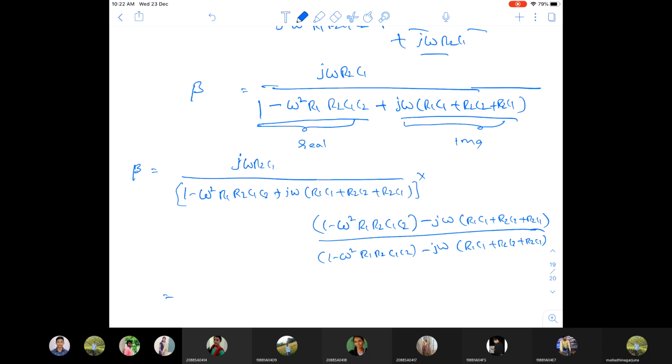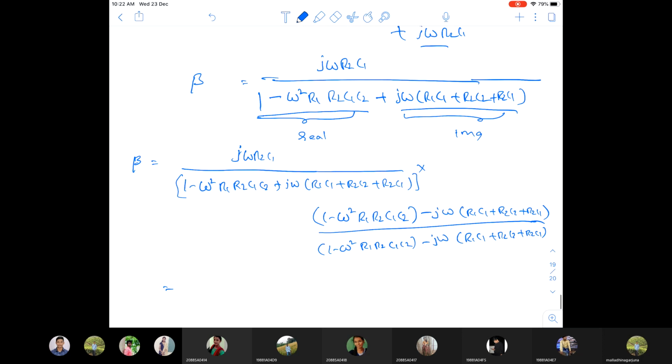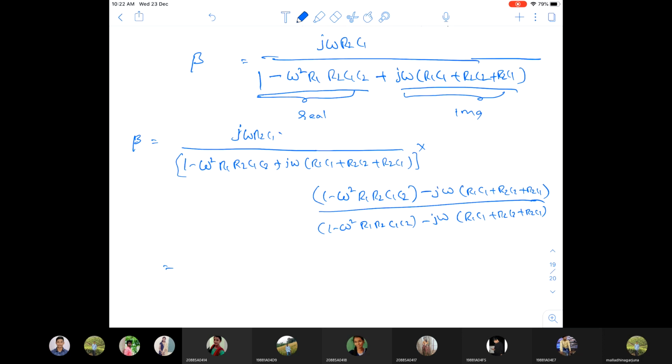We multiply this term and this term: j omega r2 c1 into 1 minus omega square r1 r2 c1 c2.